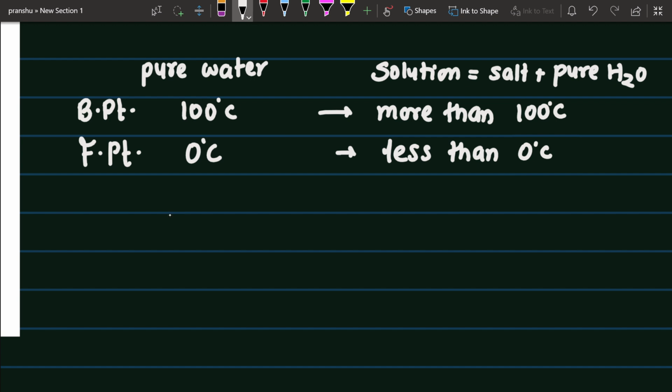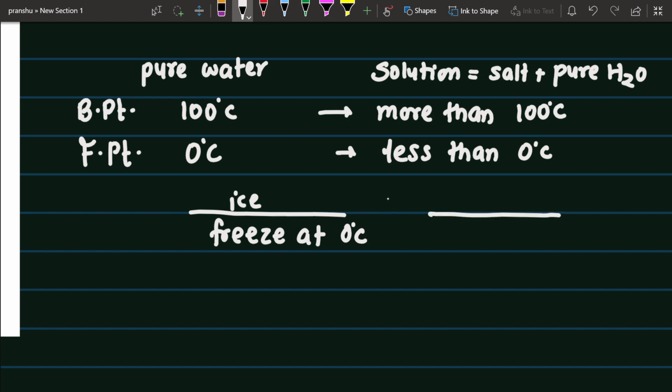So suppose that in the cold countries we have ice layer and ice freezes at 0 degree Celsius. Now avoid use of JCB and try to sprinkle the salt. As we know, salt water has freezing point less than 0 degree Celsius. Suppose that minus 5 degree Celsius.